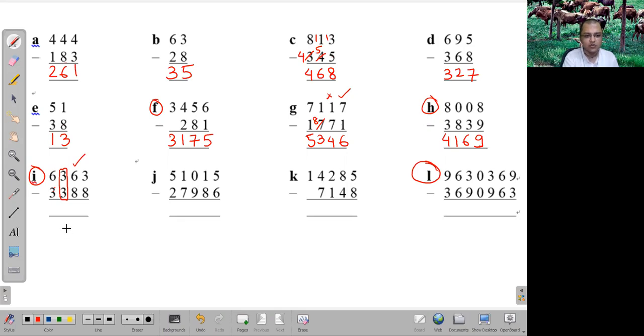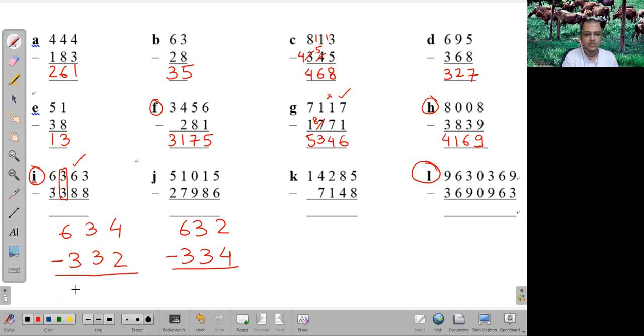Now let me show you two numbers here. Pay attention. Before telling anything, just listen. Check these two. Check the first one. 6 minus 3, fine, no problem. 3 minus 3 is also equal.